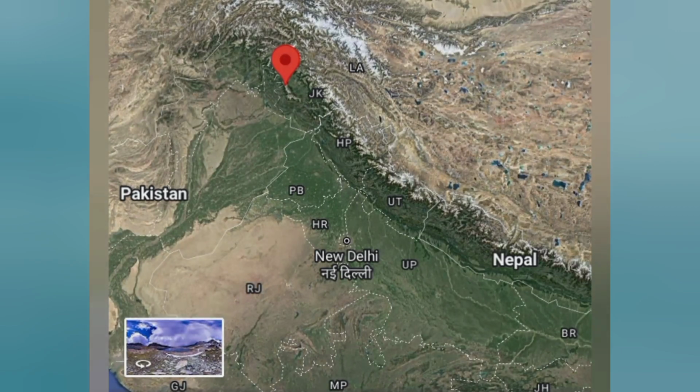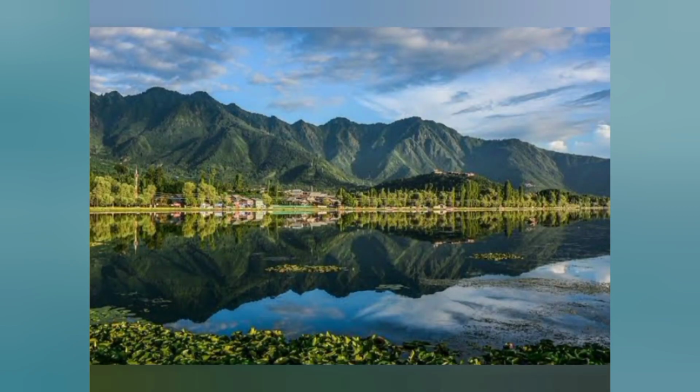Between the Pir Panjal and Zaskar range of the main Himalayas lies the famous Valley of Kashmir, running over a distance of about 135 kilometers in the southeast to northwest direction. This valley is about 40 kilometers broad and extends over an area of 4,921 square kilometers, with an average elevation of 1,585 meters above the mean sea level (MSL).